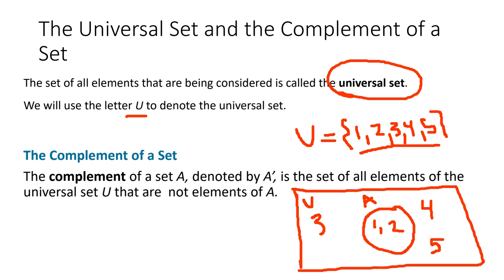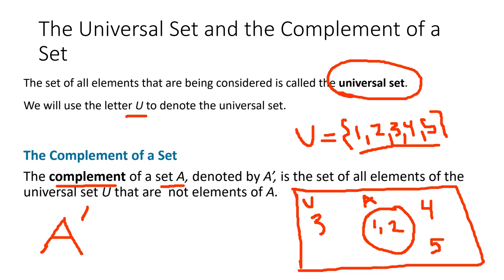Now the complement of a set is all the elements that are not in that set. So if I was to ask for the complement of set A, then we use this symbol, okay? If you see this symbol, that means the complement of set A. And all that means is, what are the elements that are not in set A?